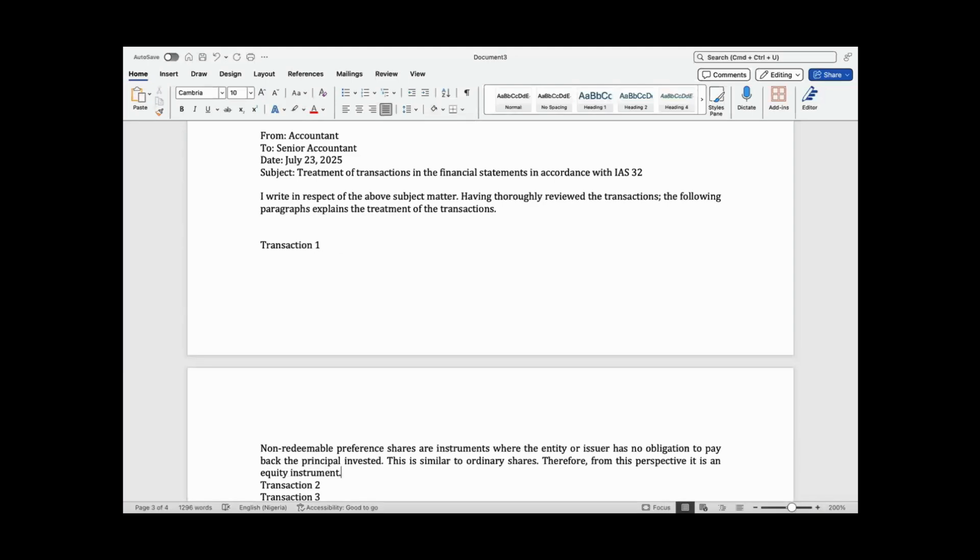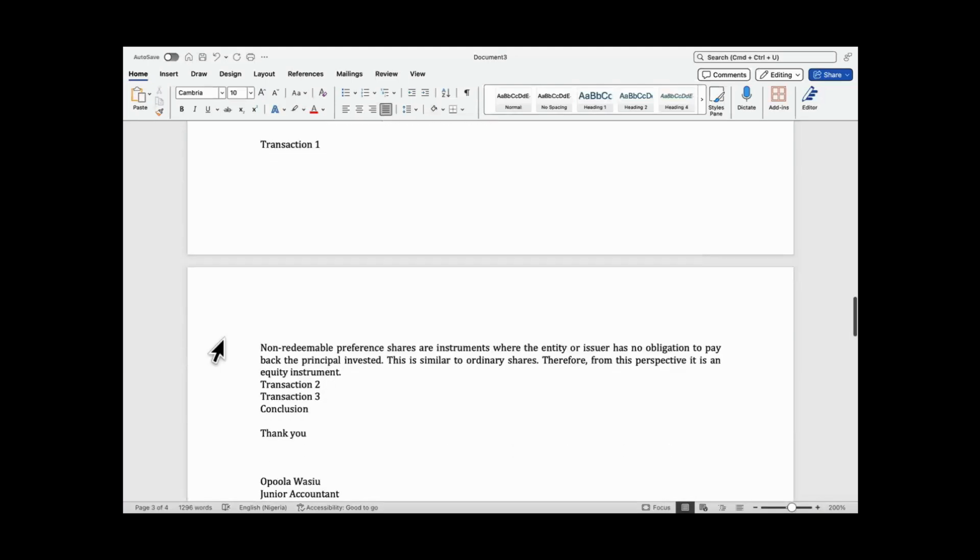Okay, if we are looking at it from the principal perspective, because when we say non-redeemable, it means it will never be redeemed. I'm never giving you back that money. The best you can get is dividend or interest.